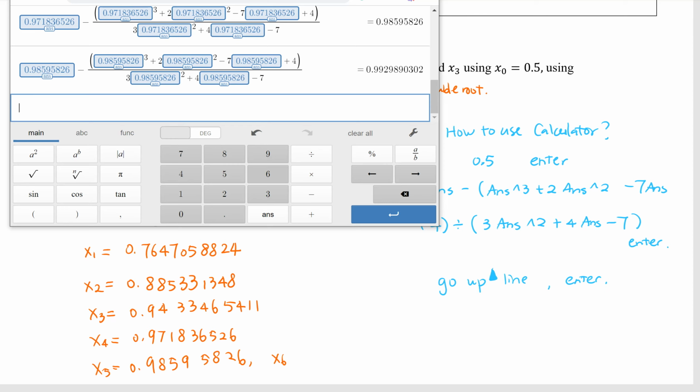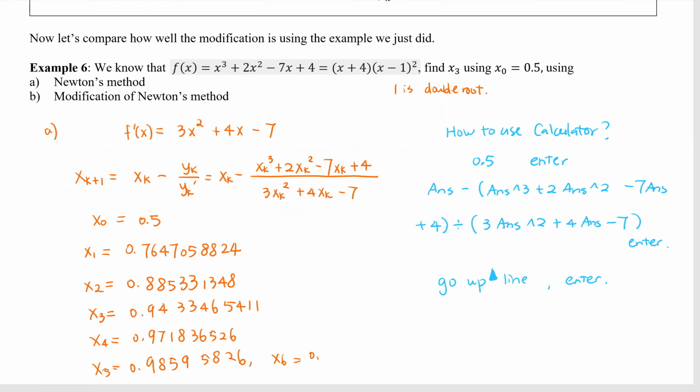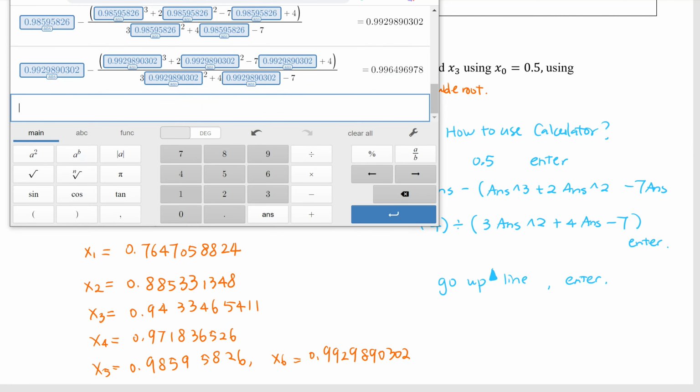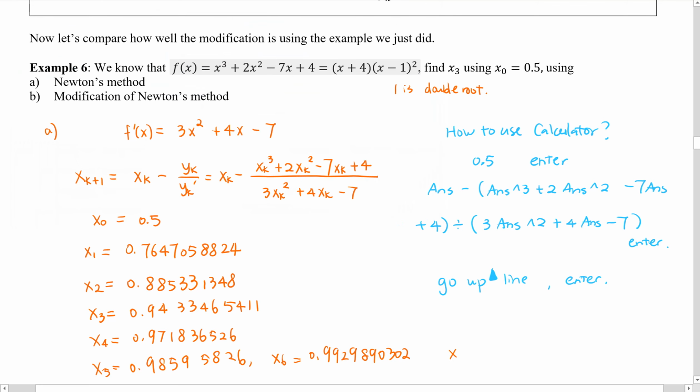Okay, so 0.99298900302, right? And 0.9964, 96978.